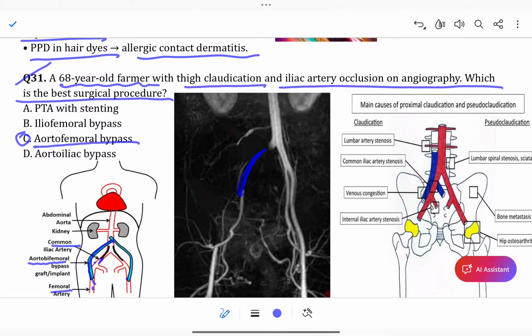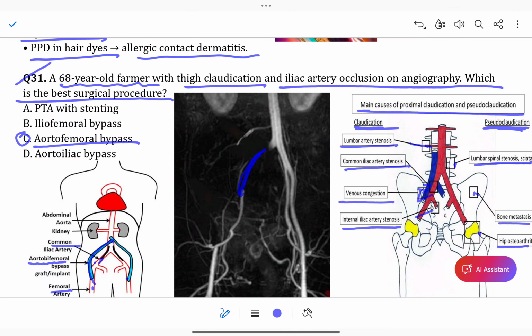Main causes of proximal claudication and pseudoclaudication: venous congestion, internal iliac stenosis, bone metastasis, hip osteoarthritis, common iliac artery stenosis, lumbar artery stenosis, lumbar spinal stenosis.